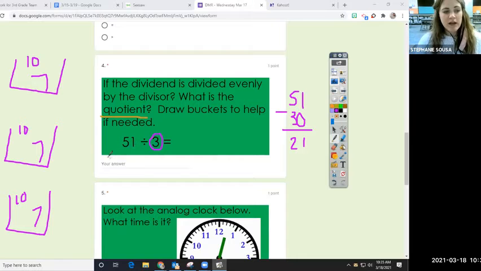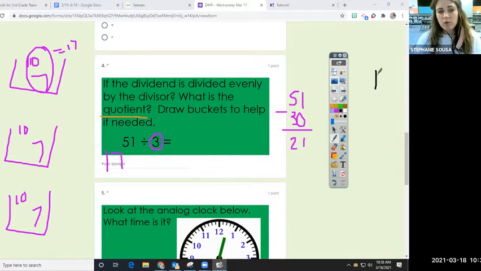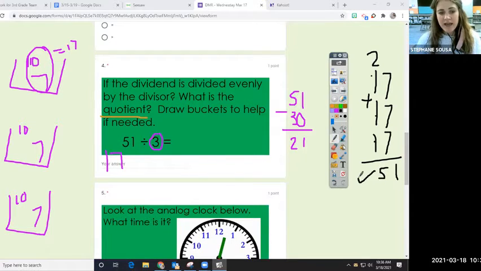So 51 divided by 3 is equal to 17 because 10 and 7 is equal to 17. If I wanted to check my work, I could add 17 3 times. 7, 14, 21, 2, 3, 4, 5, 51. Yay.